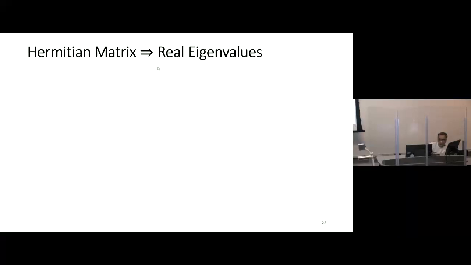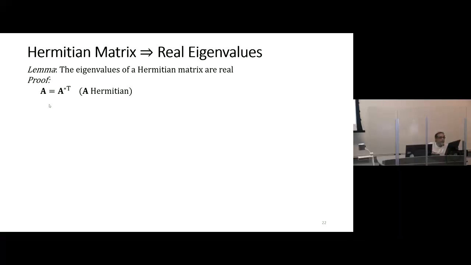Hermitian matrices have real eigenvalues. Let's prove it. The eigenvalues of a Hermitian matrix are real. So when is a matrix a Hermitian matrix? When it's equal to its conjugate transpose, correct? So suppose we have a Hermitian matrix A, therefore A equals A conjugate transpose.